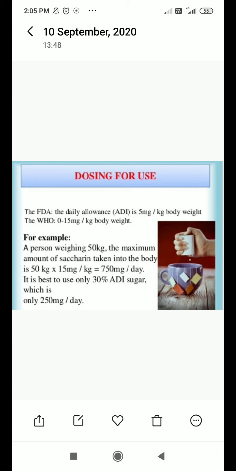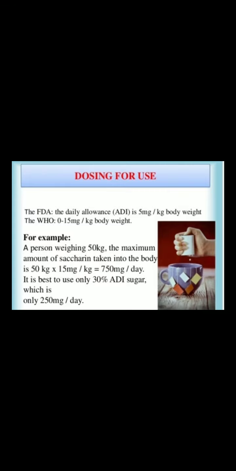Okay, dosing for use. The FDA's ADI, the allowed daily intake, is 5 mg per kg body weight. The WHO says 0 to 15 mg per kg body weight.